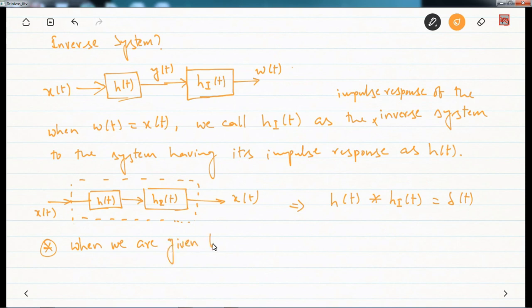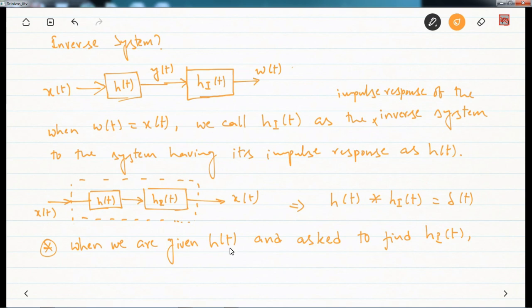So what I'm saying is that when we are given h of t and asked to find its inverse system hi of t, h of t is the impulse response of one linear time invariant system.